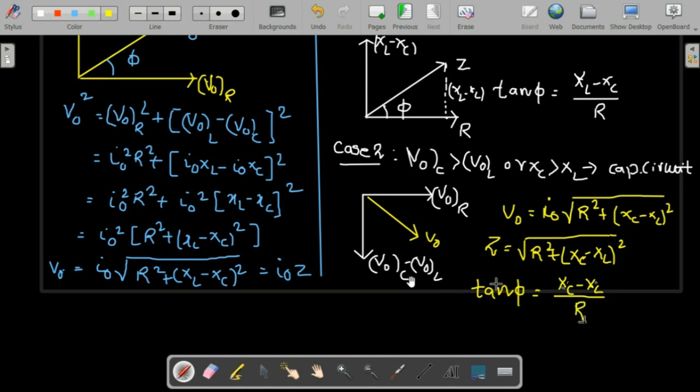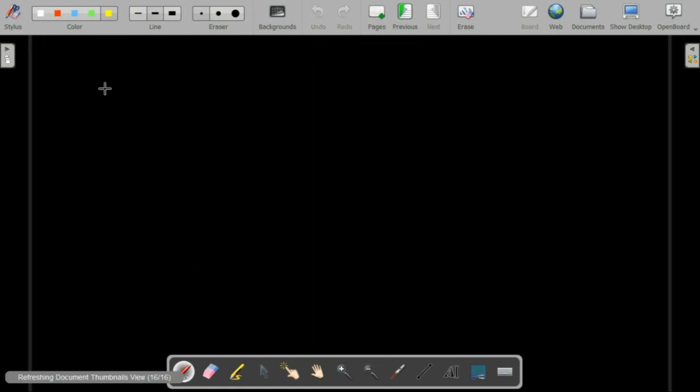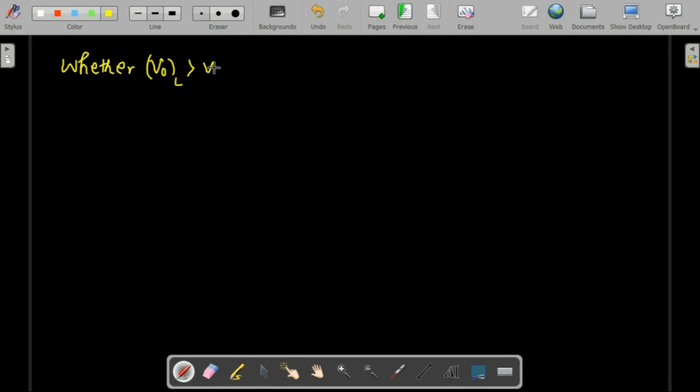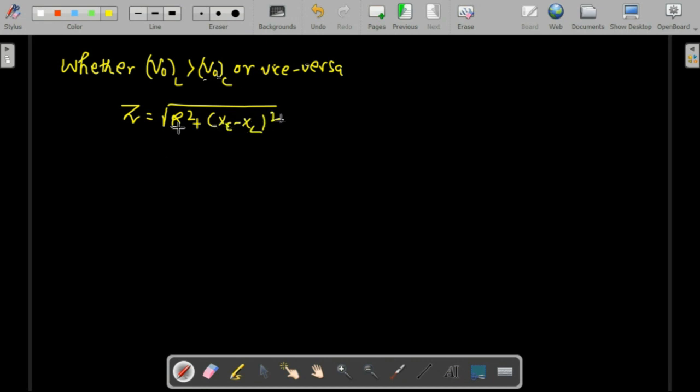So you can find out tan phi, you can find out Z and so on. So it's not complicated. Whether V naught L is greater than V naught C or vice versa, Z will always be the impedance and it will remain as root of R square plus XC minus XL or XL minus XC whole square. So this is going to remain the same.